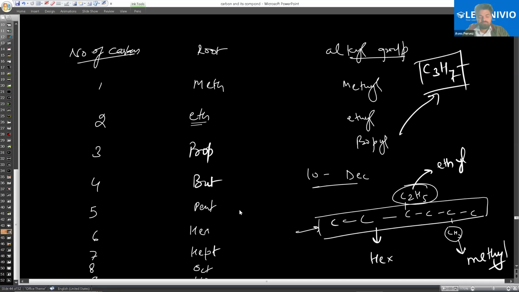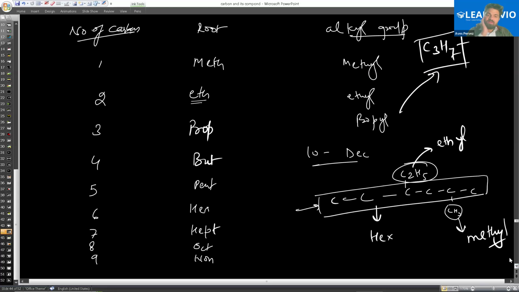So what is the sixth one? Should I write all 8? Yes, you have to write all 8. The sixth one is hex. The fifth one is pent.